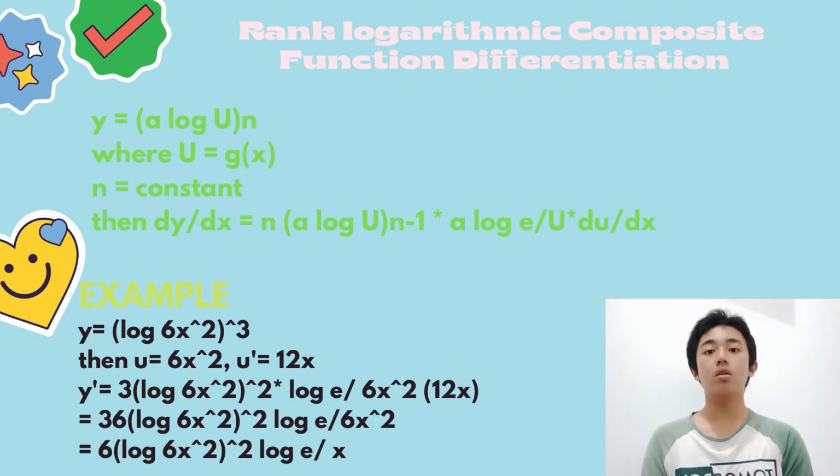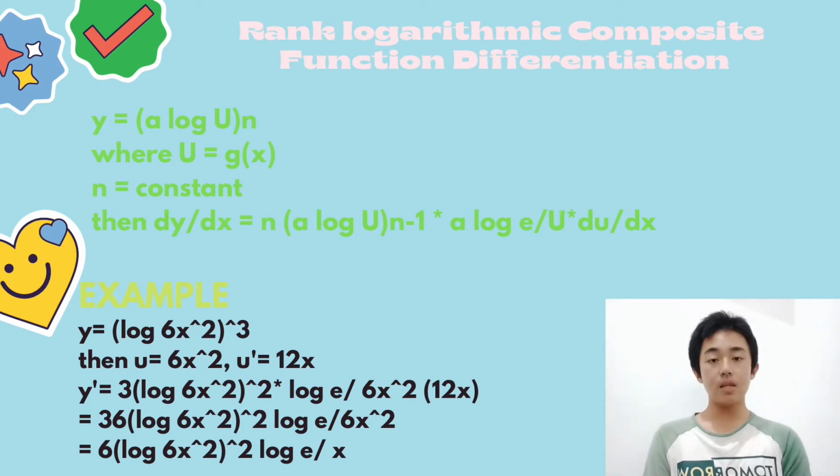So u is 6x squared, and the derivative of u with respect to x is 12x, because we bring down the power 2 and multiply by 6 to get 12, and 2 minus 1 is 1, which we don't write.